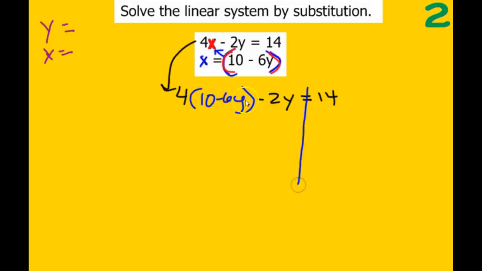All I did was take out this x and replace it with that whole piece so that I can solve it. I see parentheses, so I'm going to distribute. I have 4 and then 10 minus 6y. 4 times 10 is just 40. 4 times negative 6y, and 6 times 4 is 24, and it's negative 24y.